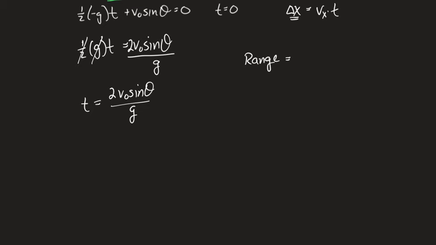For vx, I'm going to use what was written up in the chart, which is v0 cosine theta. But for t, I'm not going to put t anymore. I have an expression for t. So that's going to be 2 v0 sine theta divided by g. Now, there's not a whole lot I can do here, but this is a fraction.